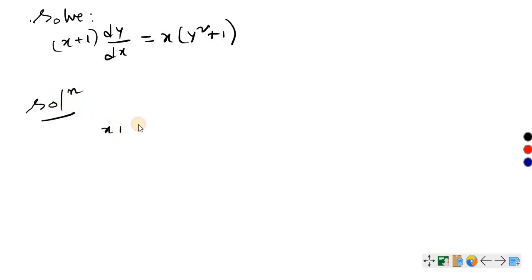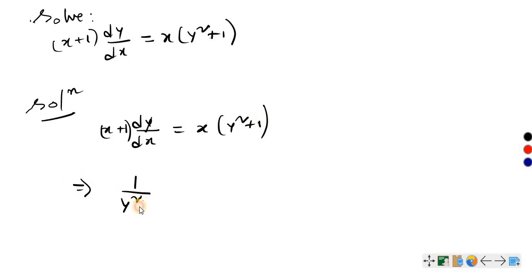So (x + 1) dy/dx = xy² + 1. This can be further written as 1/(y² + 1) dy = 1/(x + 1) dx.